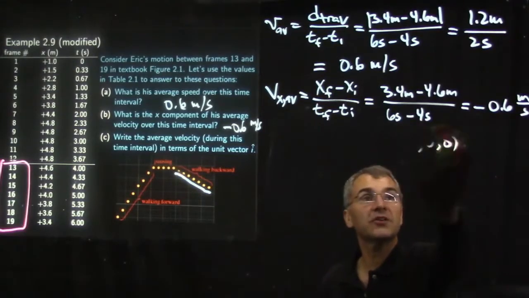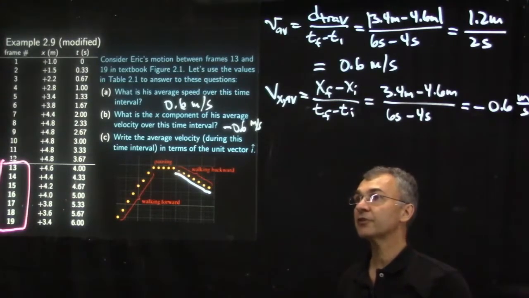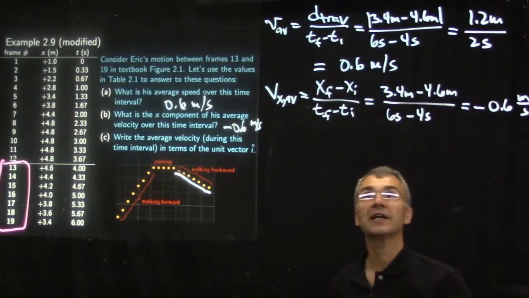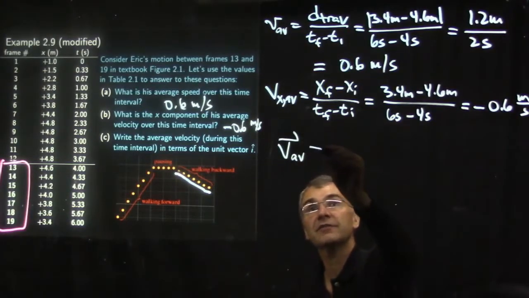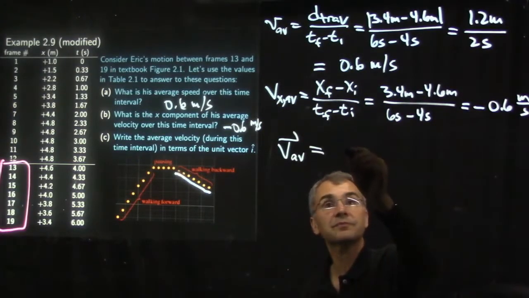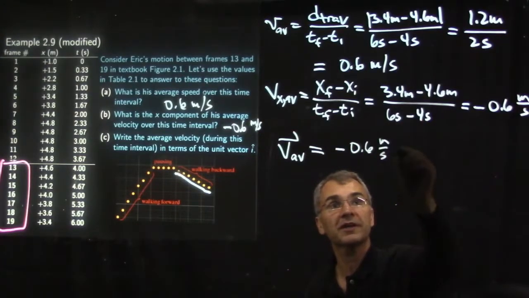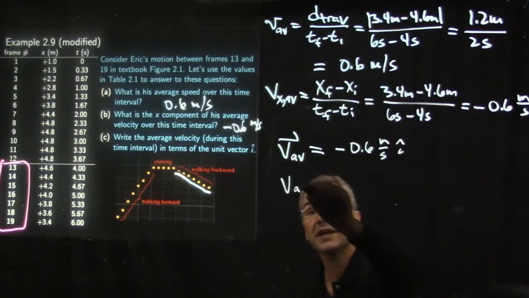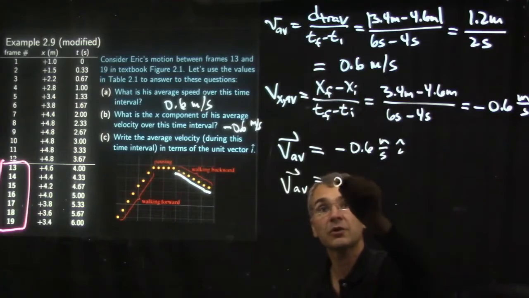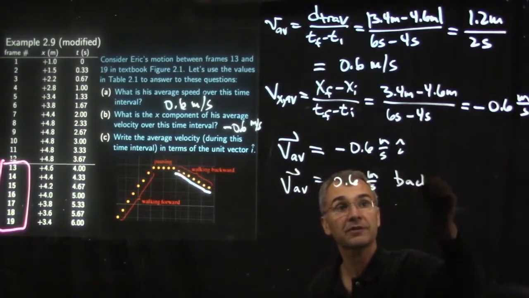The unit vector notation will be the part of this chapter you like the least, I think. So his average velocity during that time in terms of the unit vector i, I'm going to say v average, the vector, is minus 0.6 meters per second i hat. But I think you could equivalently say v average equals 0.6 meters per second backward.